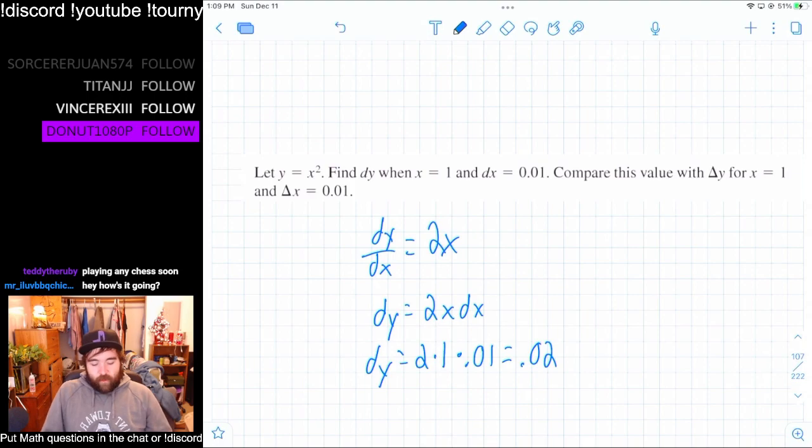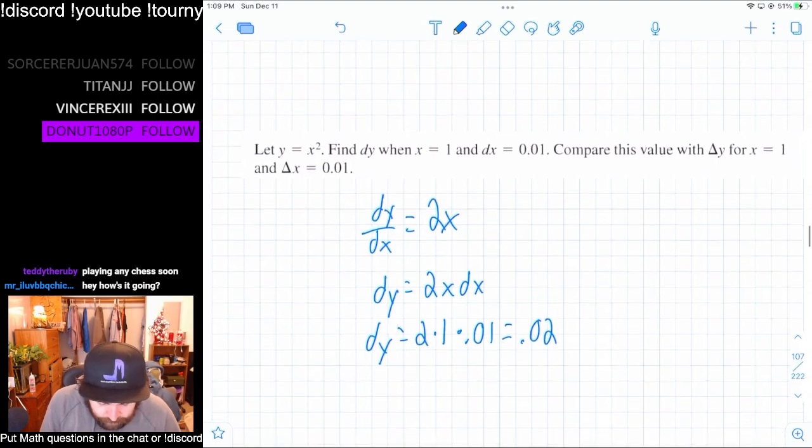So dy equals 2 times 1 times 0.01, which is 2 times 0.01, which is 0.02. Okay, and now they want you to compare this value with delta y for x equals 1 and delta x equals 0.01. So for that, they want us to be thinking about slope. They want the change in y when the change in x is 0.01 and x equals 1.